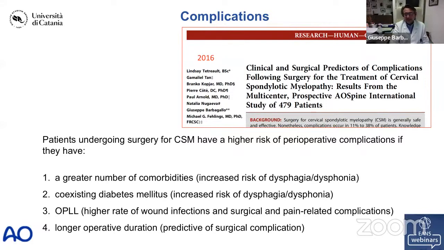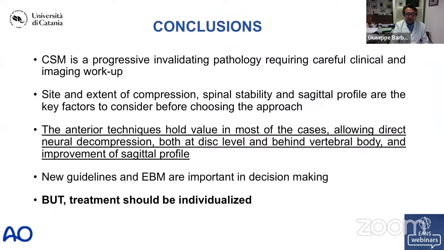Well, there are perioperative complications, but patients have a higher risk of complications if they have a greater number of comorbidities, if there is a coexisting diabetes mellitus, if they have OPLL, and if surgery is going to take a longer duration than usual.